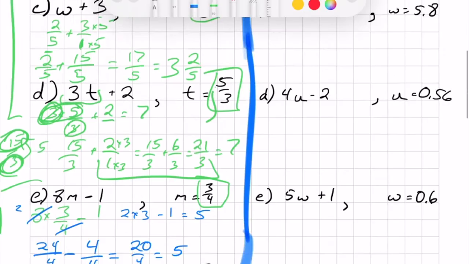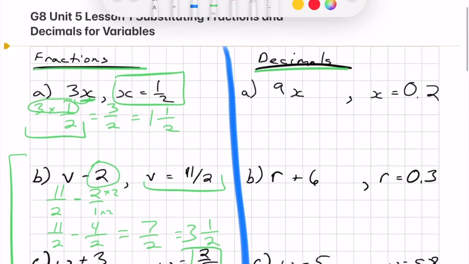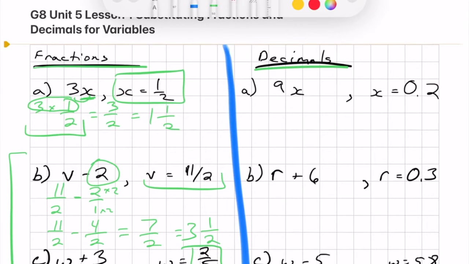All right, now we're going to do the decimals. Again, we know that this can pop right in here, and it's going to be multiplying. So 9 times 0.2. We're going to ignore the decimal first.